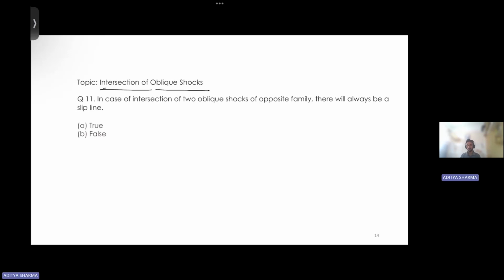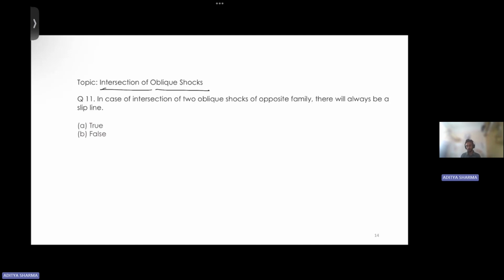Okay? So to correctly answer this question, we need to be clear on the point of what an opposite family of oblique shocks is.